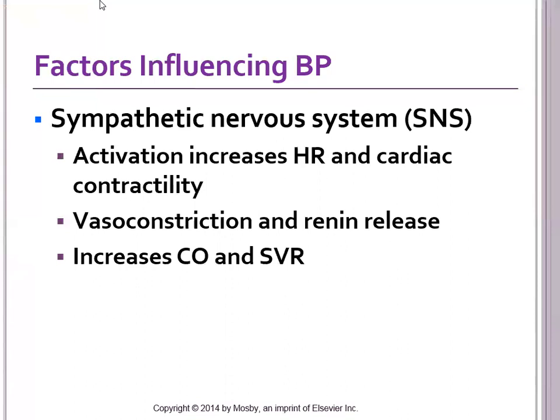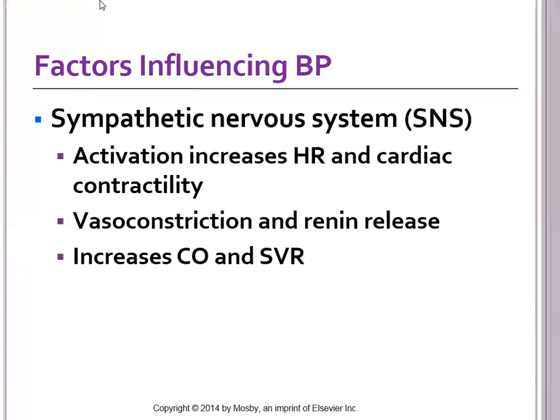And we'll talk about this. So for example, the sympathetic nervous system is going to react within seconds after the patient's blood pressure drops. So it's going to increase that blood pressure by activating our SNS, or sympathetic nervous system.